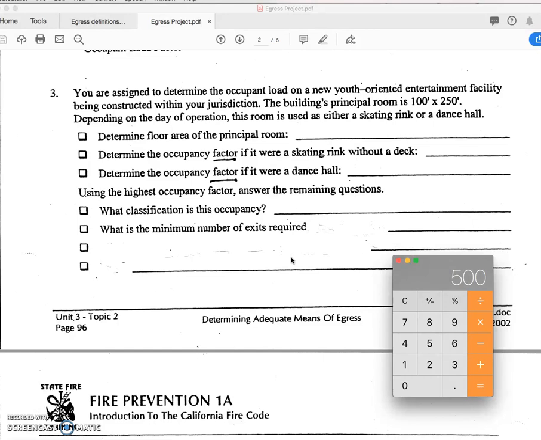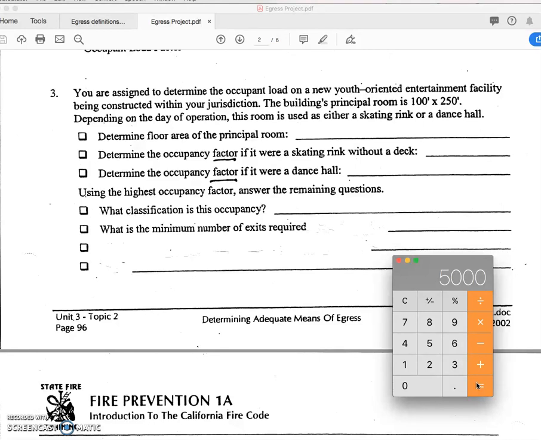The occupancy factor, if it was a dance hall, we already know that one, it's 5. So using the highest occupancy factor, that's going to be 25,000 divided by 5. And that's going to give us 5,000 people, right? That's a lot.